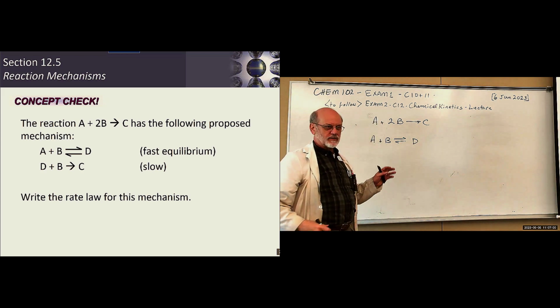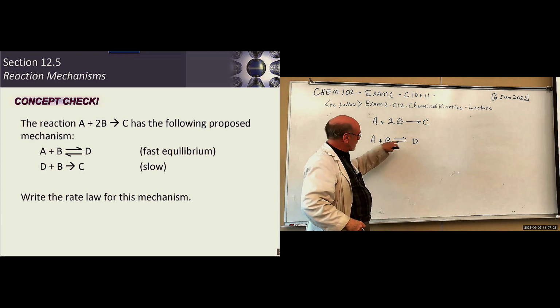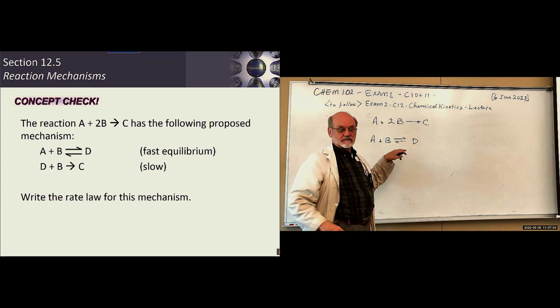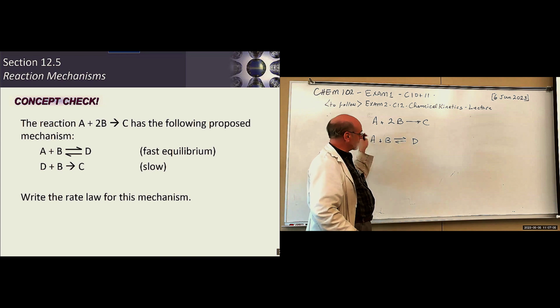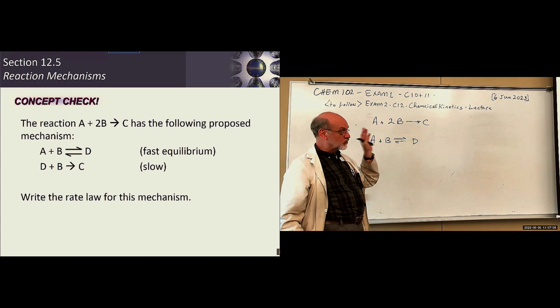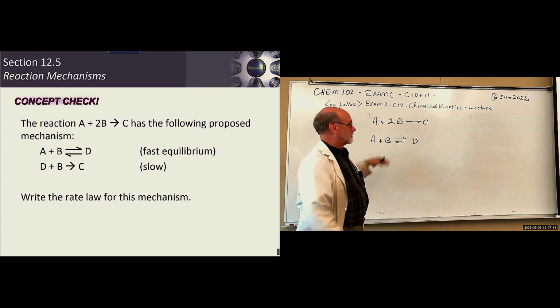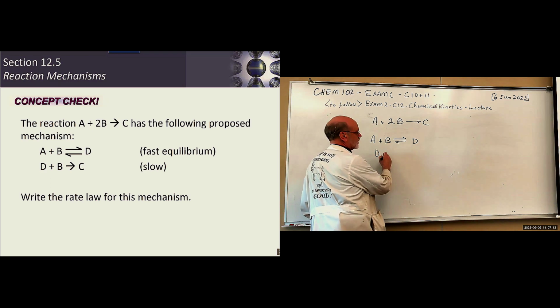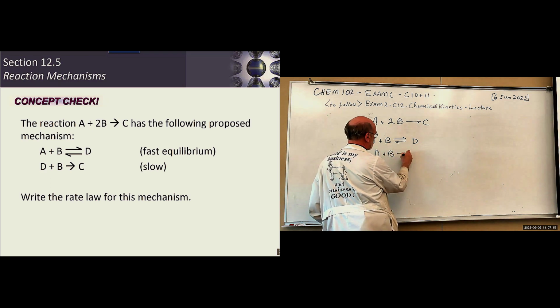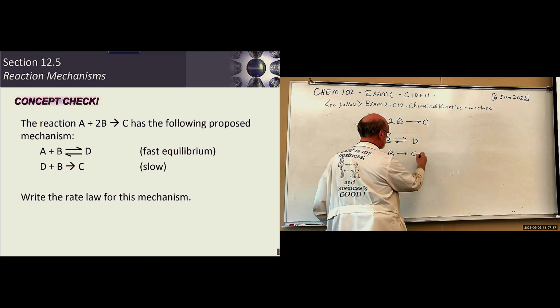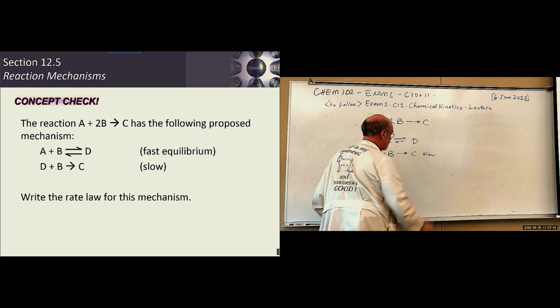Now, we haven't talked about equilibrium yet, but when we write equilibriums, we put a double-headed arrow. That means the reaction goes both directions, and it happens really fast. And then the slow step, the rate determining step, is this one. This one's slow, that's rate determining.